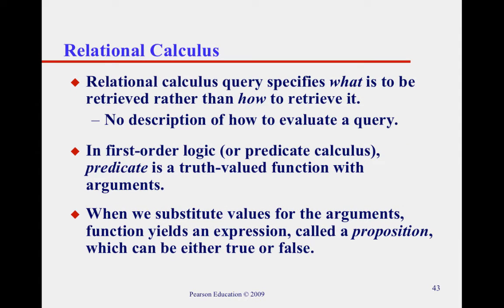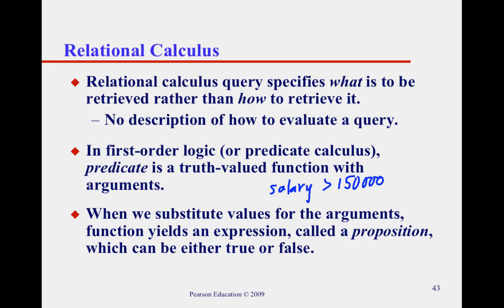Okay? So, what you're going to do with the relational calculus is you're going to present essentially a predicate, such as salary greater than 150,000. Then what you're going to do is you're going to instantiate this predicate with certain values. So for example, each employee's salary will be plugged in here.